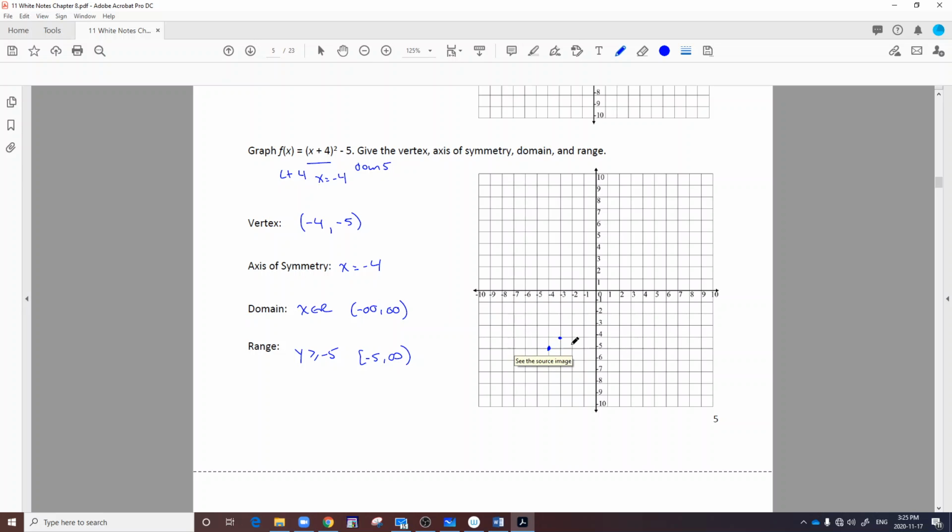I'm going to go over 2, up 4. And I'm going to go over 3 and up 9. And then could I go over 4 and up 16? No, it doesn't quite fit. Okay, so these are all the points that I can fit on my grid. So this is my basic shape of a parabola being moved left and down.